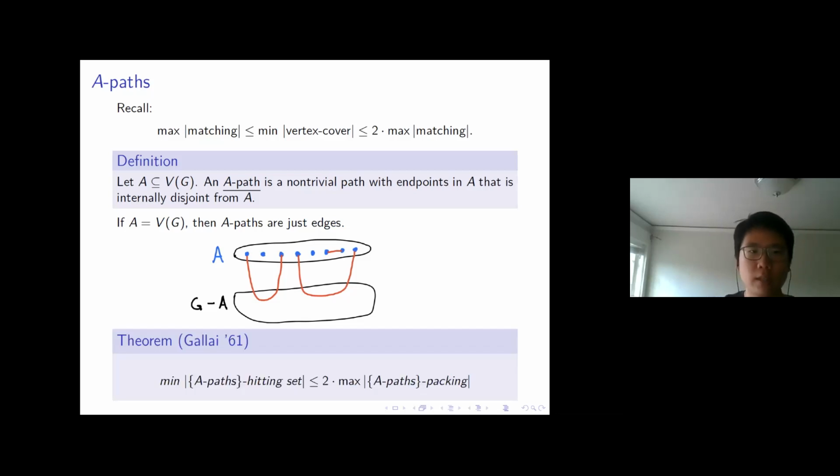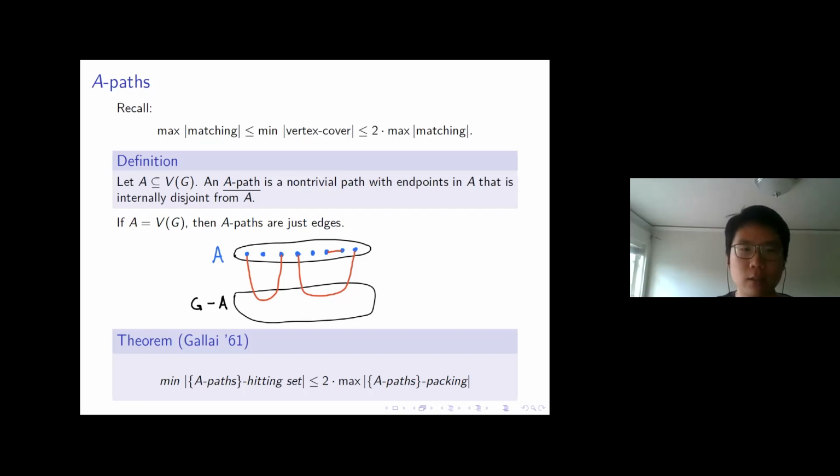And Gallai showed in 1961 that this inequality generalizes to A-paths. So the minimum size of a set of vertices that intersect every A-path is at most 2 times the maximum size of a packing of A-paths, or just a set of disjoint A-paths. And this is not as easy to show as in the case of a matching.